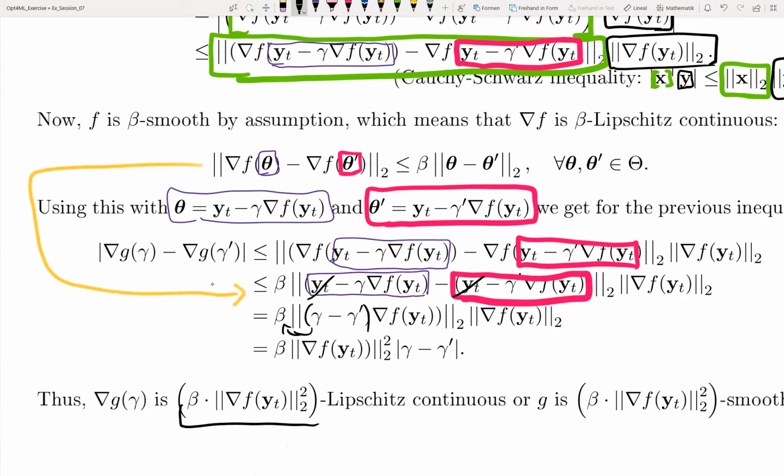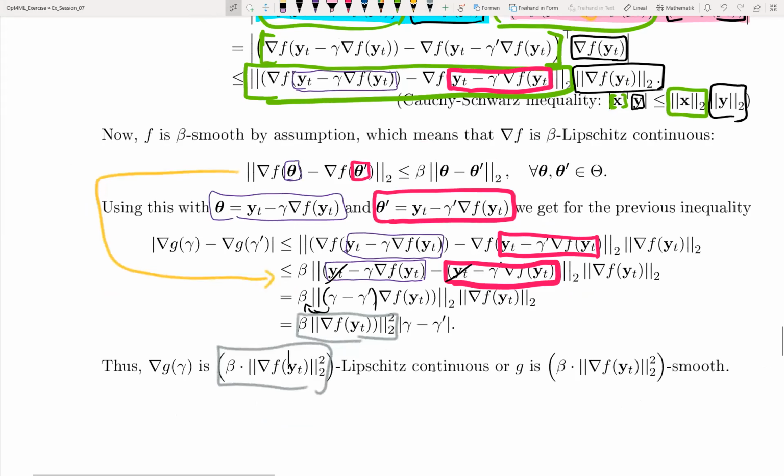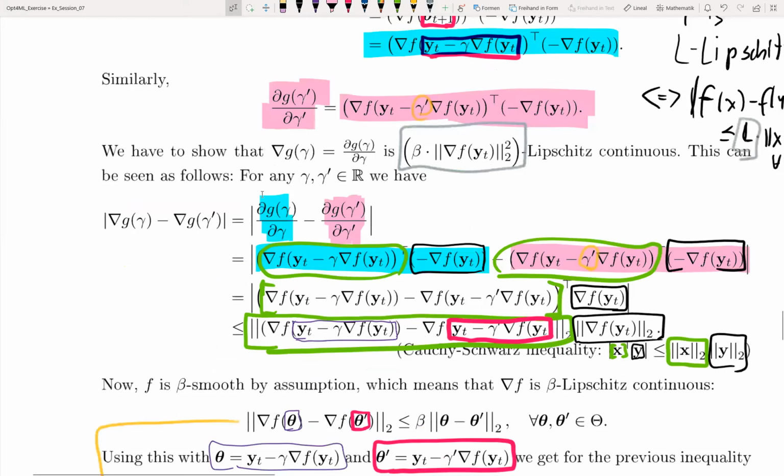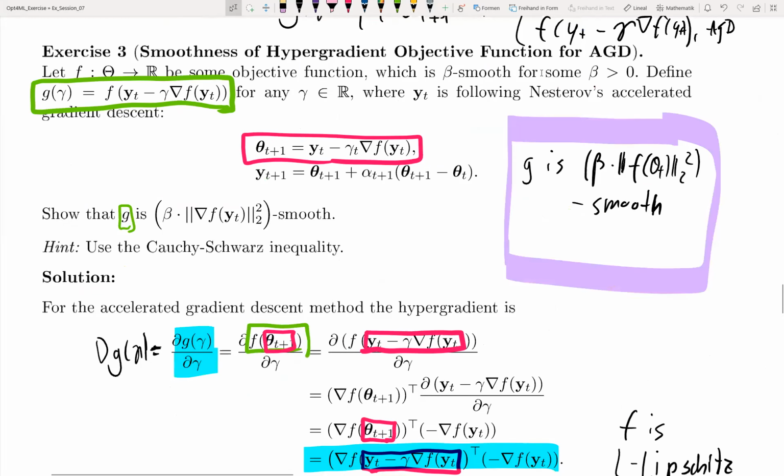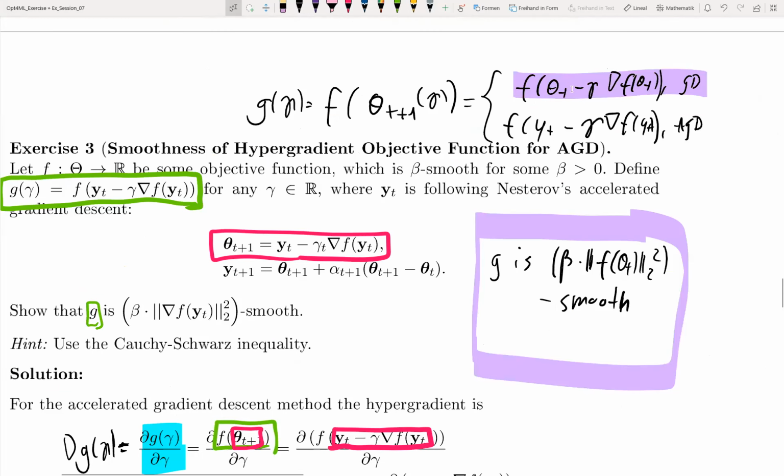And as I said, you can do exactly the same argumentation to show that if you use the gradient descent as the underlying gradient-based method, the objective value which you are optimizing with the hypergradient is still beta smooth, only here the term in the squared gradient is a bit different.